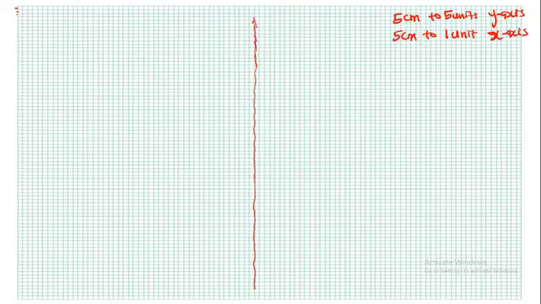Then this is our y-axis. Then we have here to be our x-axis, and this is our origin. Our origin is 0. Okay, and then the scale says 5 cm to 5 units on the y-axis.